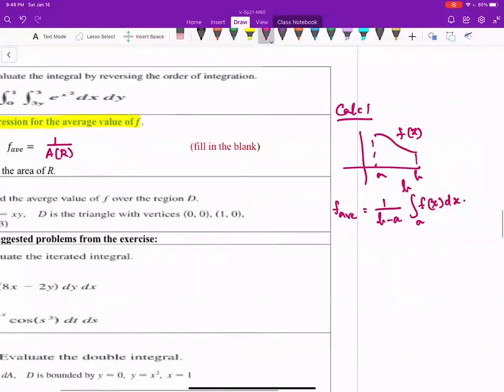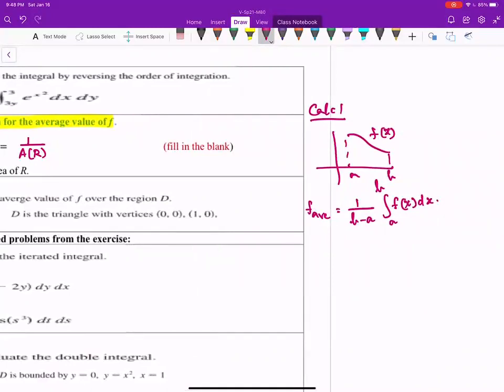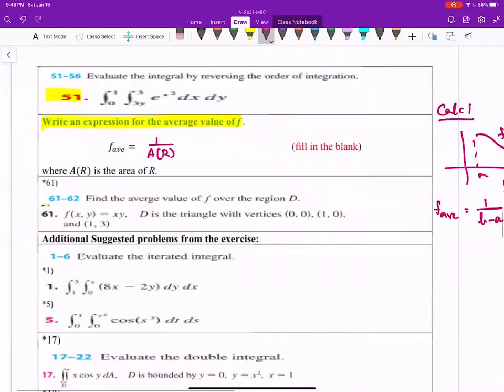Instead of the length of the interval in single variable, it becomes the area of the rectangle, then the double integral over R of f of x y dA, where A of R stands for the area of the rectangle R. So all you need to do is to find out the area of the rectangle and divide, and then do the usual double integral method for the double integral over R of f of x y dA.